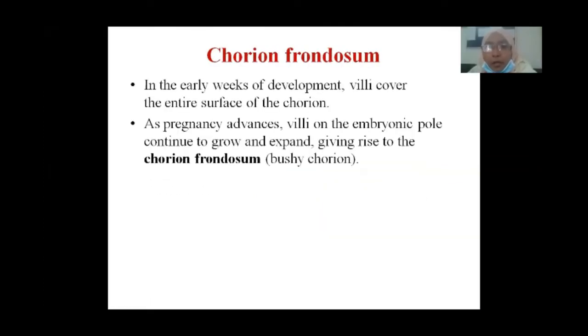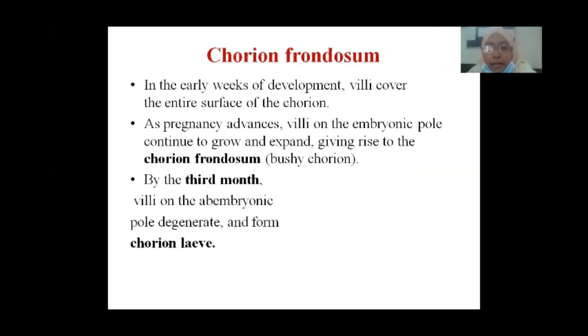But later on, villi on the embryonic pole continue to grow and form the chorion frondosum, which means bushy chorion. And the abembryonic pole villi degenerate and form the chorion leave. So chorion is of two types, chorion frondosum and chorion leave.